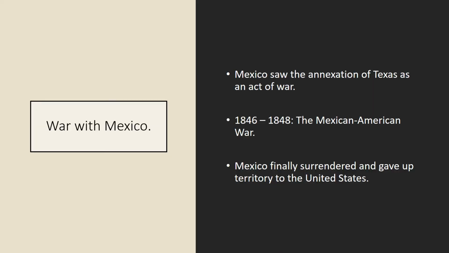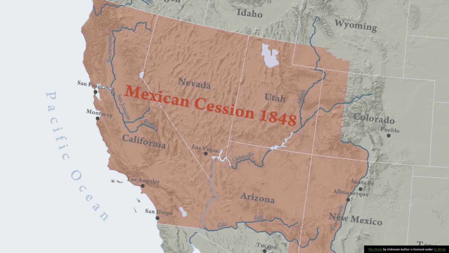Because the United States annexed Texas, or took it for itself, Mexico saw it as an act of war, and the United States will go to war with Mexico between 1846 and 1848. However, Mexico will finally be forced to surrender, and they will give up some territory to the United States as well. This map here shows you the area that the United States will gain from the Mexican-American War.